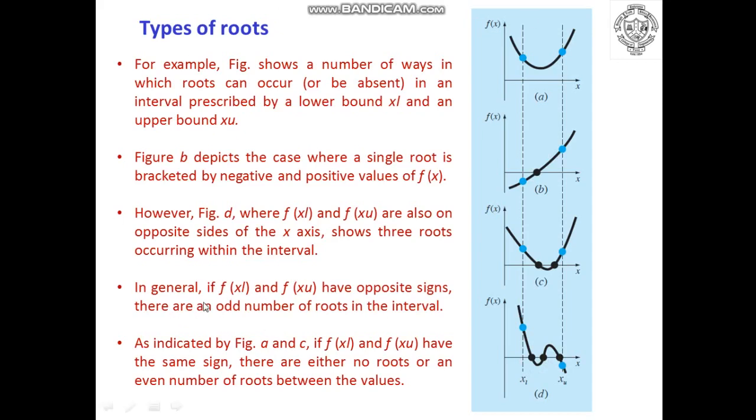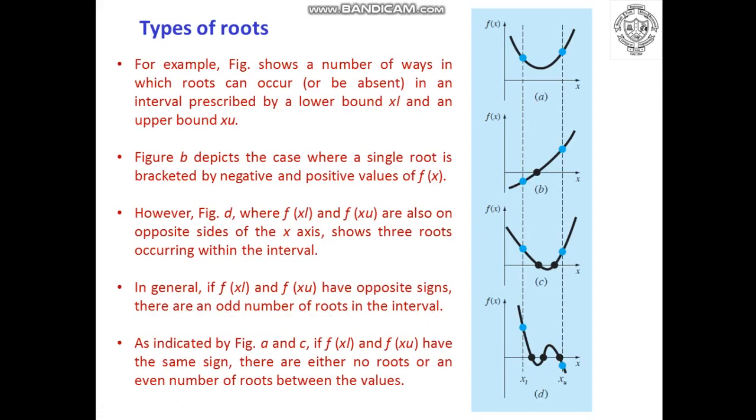Now if you consider a general case where f of xl and f of xu have opposite signs, we can conclude that there are an odd number of roots in that particular interval.